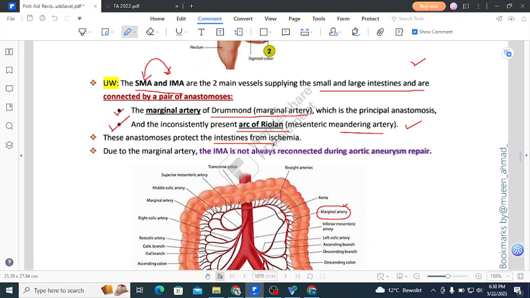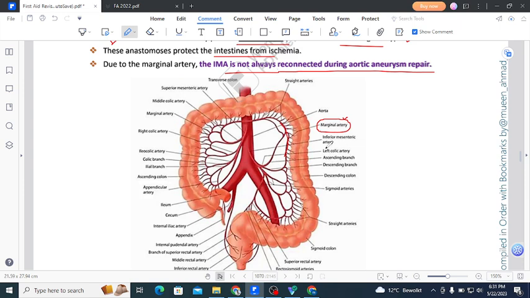Due to the marginal artery, the inferior mesenteric artery is not always reconnected during aortic aneurysm repair. So whenever we are doing the aortic aneurysm repair, maybe sometimes we have to cut the blood supply of the inferior mesenteric artery, and in some situations we don't even reconnect it, because we know that there is the marginal artery, and the anastomotic channels will compensate for the blood supply to the left side of the colon, like the descending colon and the sigmoid colon.